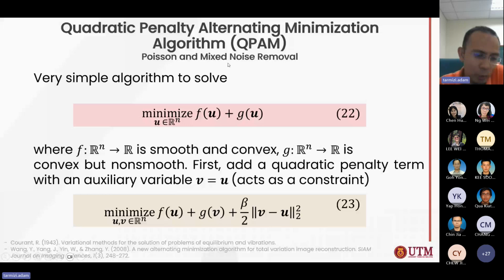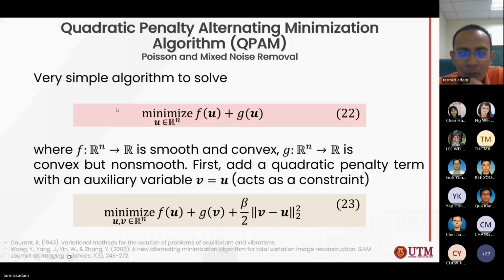The corruption in the image will be a mix between a Poisson noise and a Gaussian noise. I'll just call this the QPAM algorithm. It's a very simple algorithm which solves this type of problem.